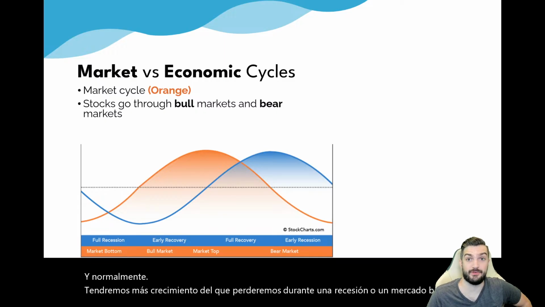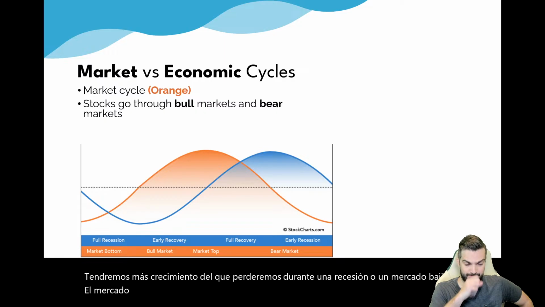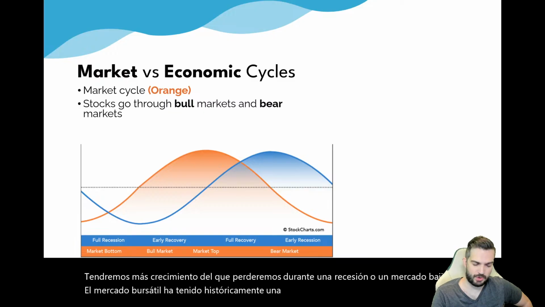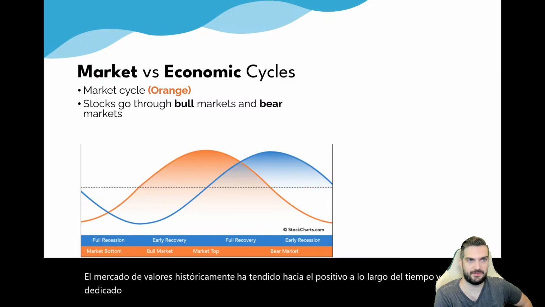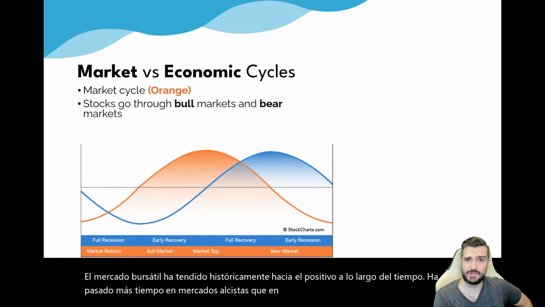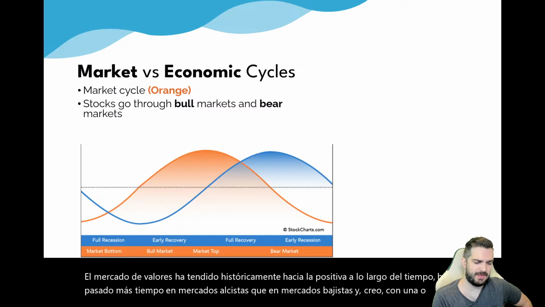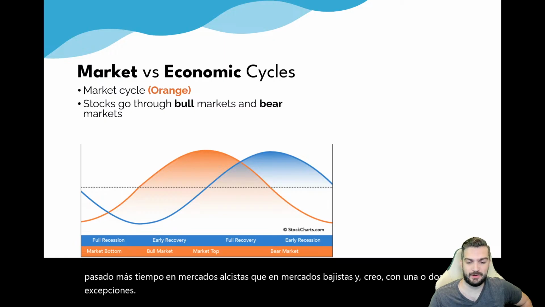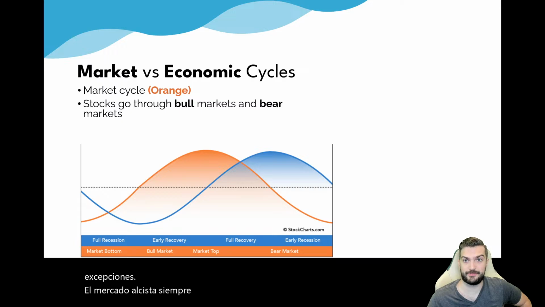And typically, we will have more growth than we will lose during a recession or a bear market. The stock market has historically trended positive over time, has spent more time in bull markets than bear markets, and with, I believe, one exception or two exceptions, the bull market has always recovered the losses from the previous bear market and created new highs.